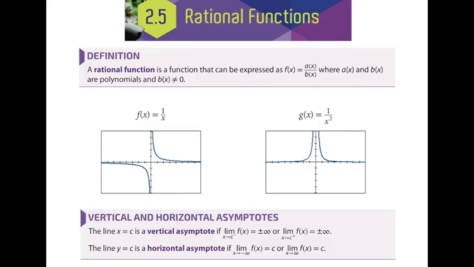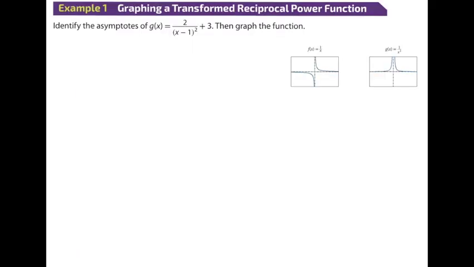So let's just look at translating these. So taking these pictures and just moving them around based on the adding or subtracting on the inside or on the outside, just like we did with parent functions for a parabola or absolute value, okay? So look at the first one. So this obviously is going to look like which of these?